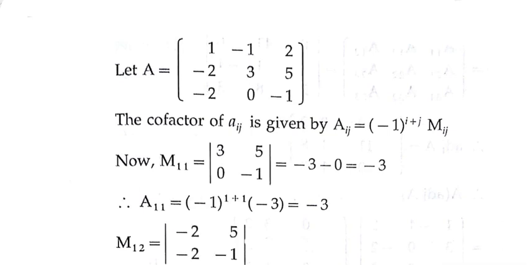Then the expansion of this determinant is minus 2 into minus 1 is 2, minus 2 into 5 is minus 10, but minus of minus 10 is equal to plus 10, and 2 plus 10 is equal to 12.